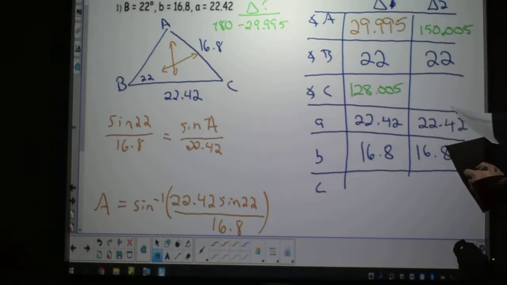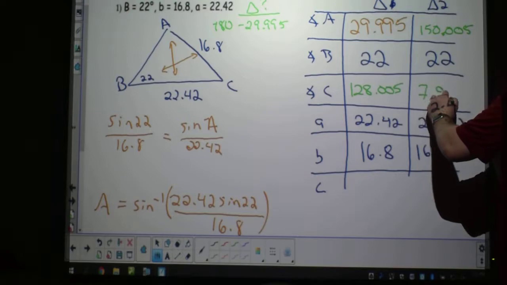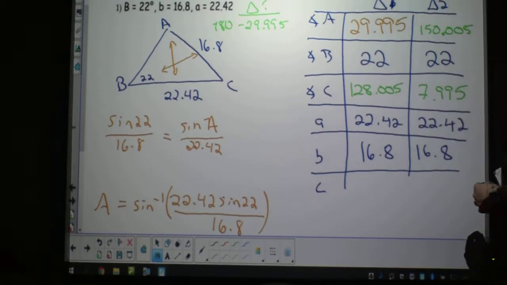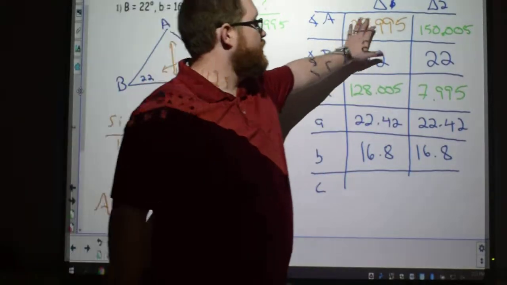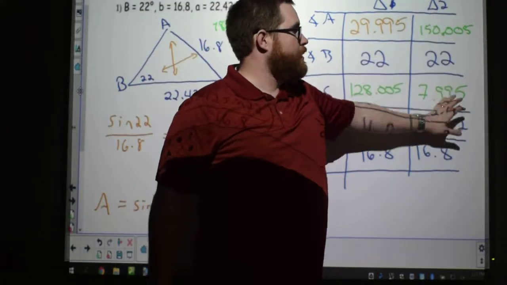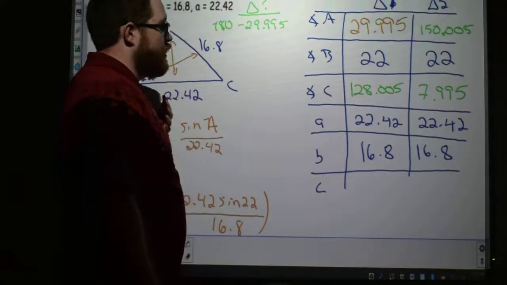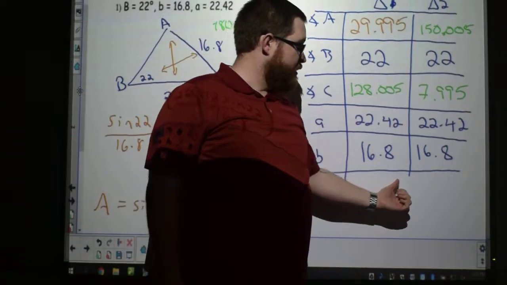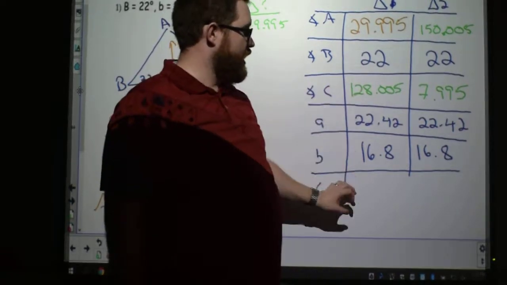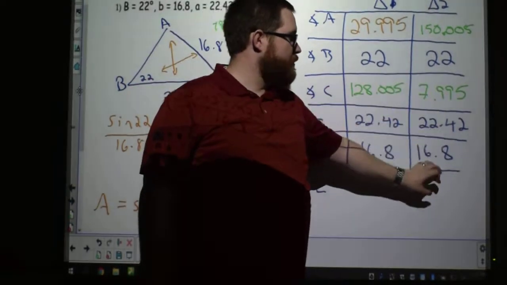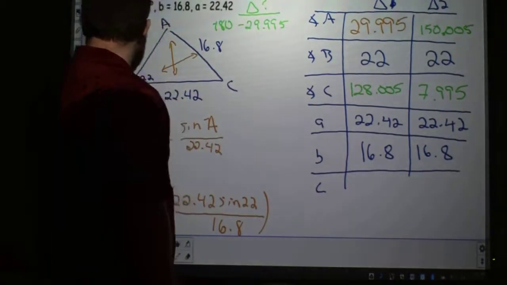So let's find the third angle. It should be 7.995. This ambiguous triangle is actually two triangles, one with these angle measurements and one with these angle measurements, which means I have to do law of sines to find side C, but I have to do it twice. One with angle C being 128.005, one with angle C being 7.995.